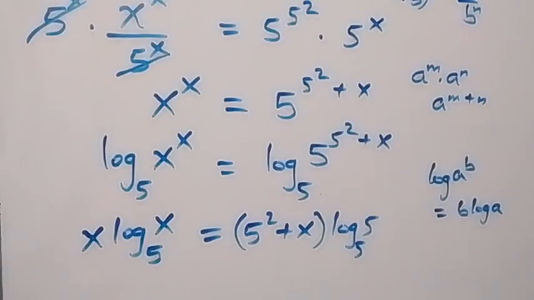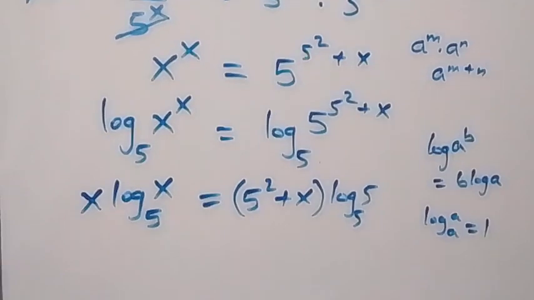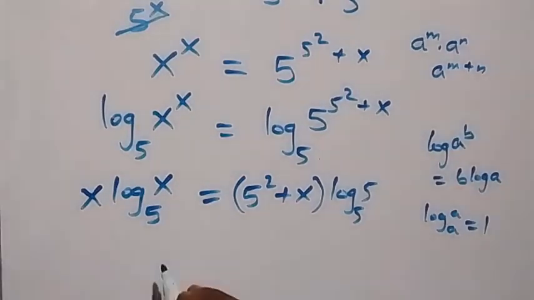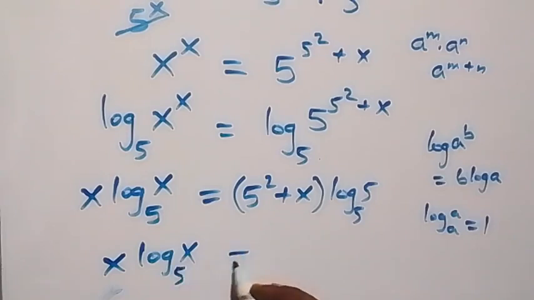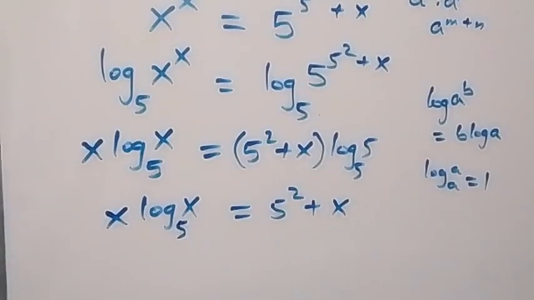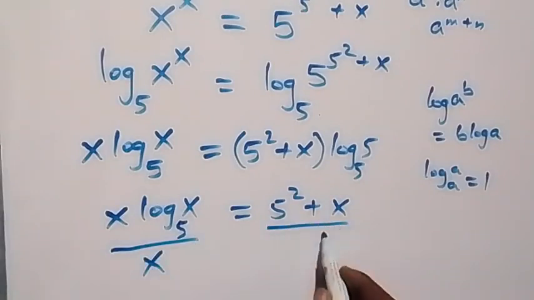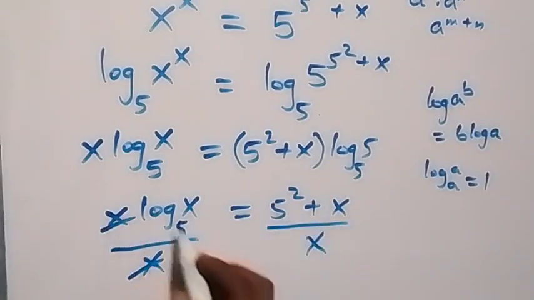And we should recall that log a base a is the same thing as 1. So log 5 base 5 is 1. This is simply written as x log x base 5 equals 5 square plus x. Now let's divide both sides by x, so x cancels out here.